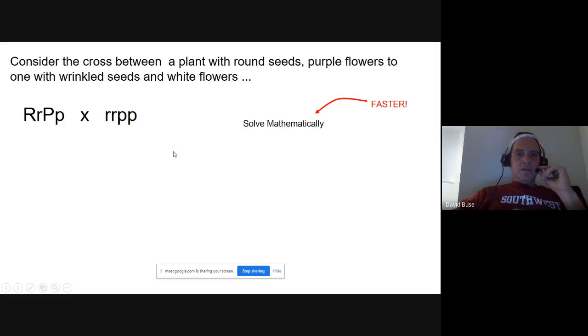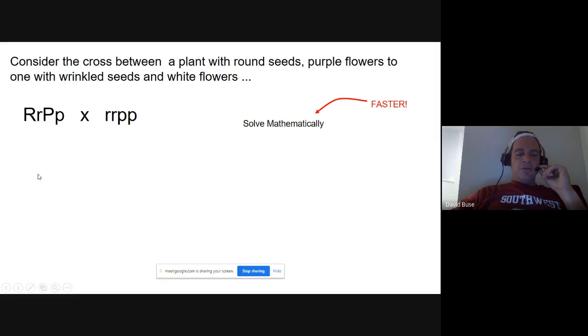So consider the cross between the plant with round seeds, purple flowers, to one with wrinkled seeds and white flowers. When we do this experiment, if you want to do this faster, what you can do is set up 2 small Punnett squares. You can set up the big R, little r, and the little r in one square, and you can set up the big P, little p, and the little p in the second square.